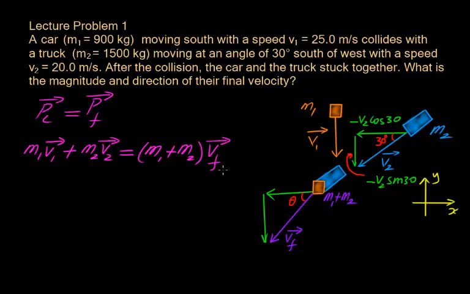As usual, whenever we deal with vectors, we need to break the equations into components. For the x component, m1 v1 has no component along the x because the v1 is pointing towards the south. Therefore, m1 v1 has a 0 component along the x. The m2 v2 has a negative component along the x.